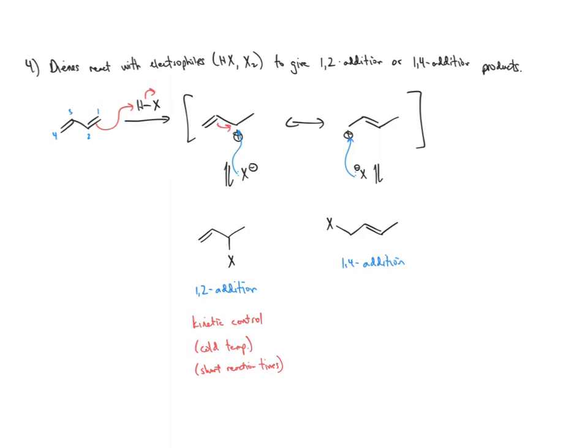By contrast, the 1,4 addition product is under thermodynamic control. And so this is the more stable product, because you have a di-substituted double bond. This happens when you have higher temperatures and longer reaction times.